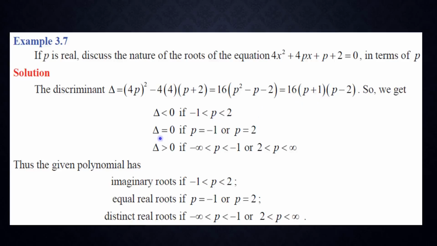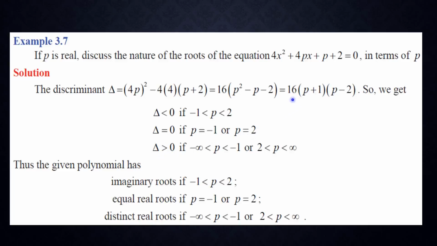When we will get delta value is 0, either this value is equal to 0 or this value is equal to 0. That is, either p value is equal to minus 1 or p value is equal to 2. The last one is delta greater than 0.